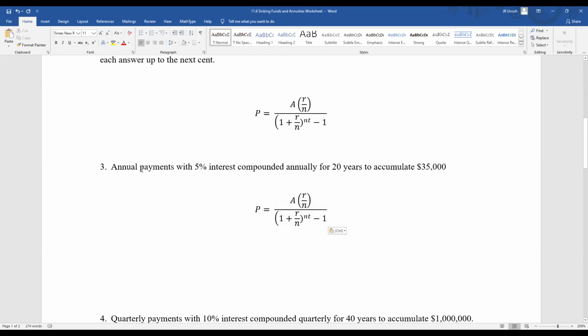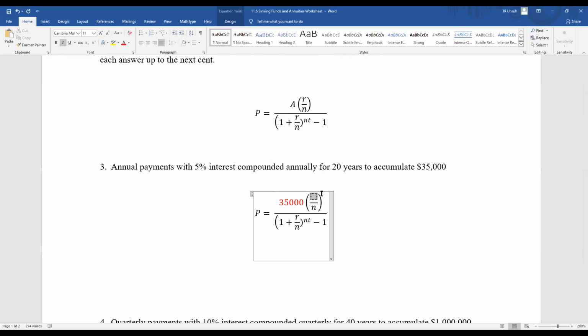We're told that annual payments with 5% interest compounded annually for 20 years to accumulate 35,000. So our accumulated amount, we're going to put in there 35, 1, 2, 3, and our rate again is a decimal, and as opposed to just plugging in 5, it becomes 0.05.